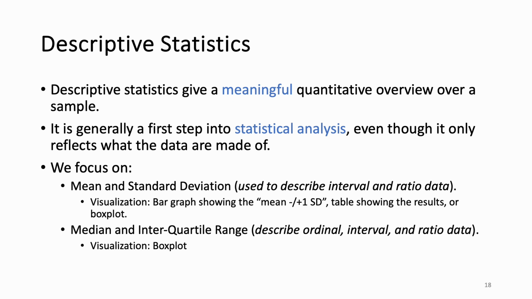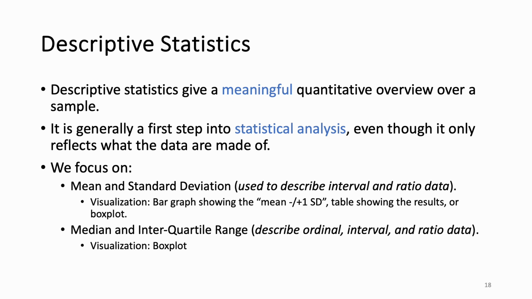In this lecture, we are going to focus on the mean and standard deviation, which are used to describe interval and ratio data. And for the visualization of this mean and standard deviation, you often have to use a bar graph that shows the mean and then minus and plus 1 standard deviation.